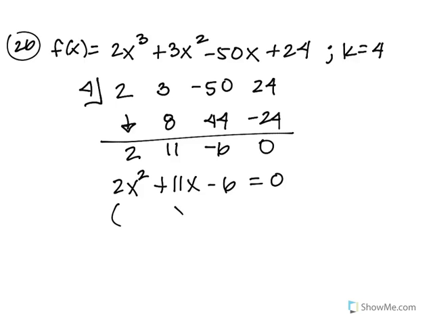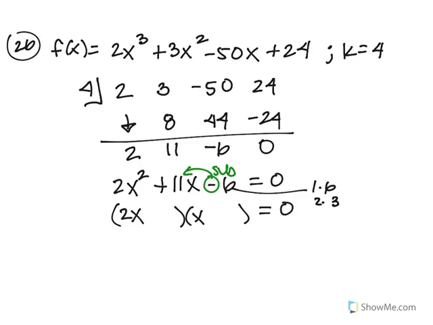And so to get your other factors already in linear form now, you are subtracting to get 11. In the front, I can only use 2x and x. With 6, you got 1 and 6 and 2 and 3. And you're trying to subtract to get an 11. So we're going to use 6 and 1.